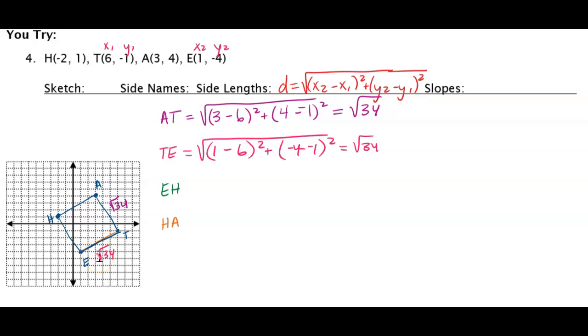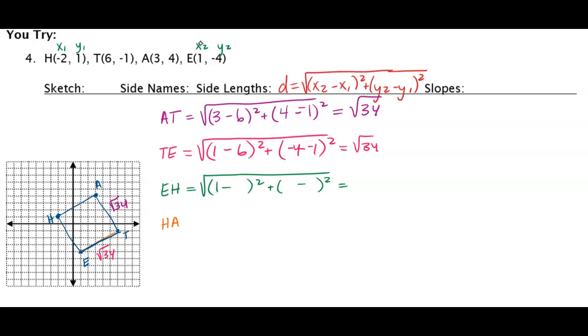So earlier I said this looks kind of like a square, and so far that's checking out. It seems like all these sides are going to be the same length, but we have to check. So I'm going to set up my distance formula, and I'm going to erase my pink labels, and I'm going to put in green numbers on the points E and H. So I'm going to make this x1, y1, and then x2, y2. And remember, it doesn't matter which point is the 1s and which point is the 2s.